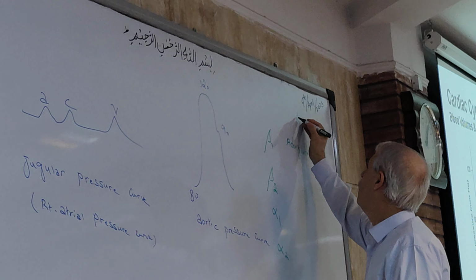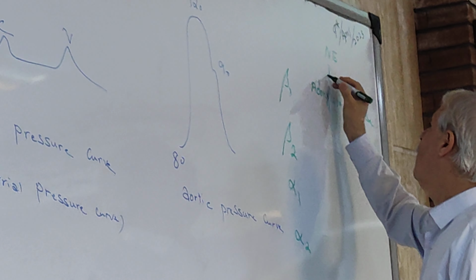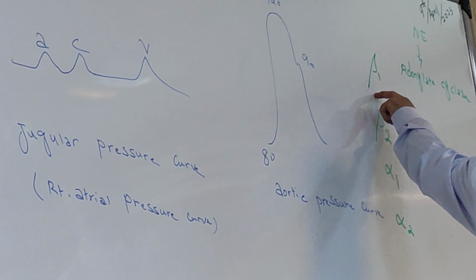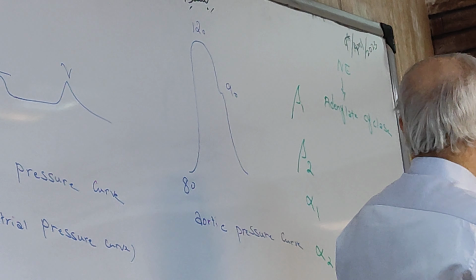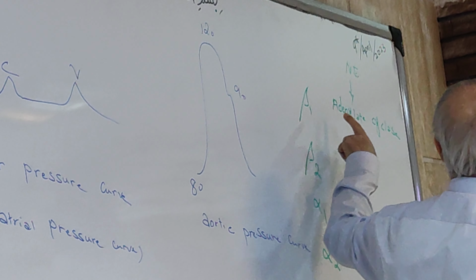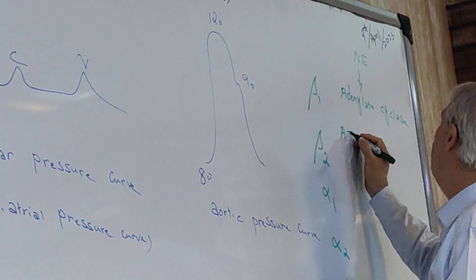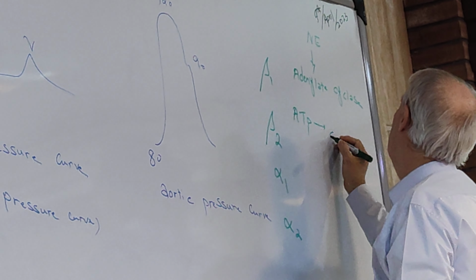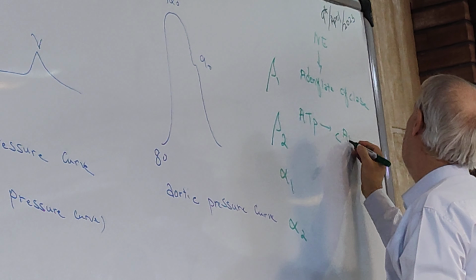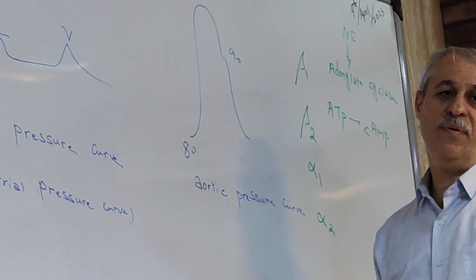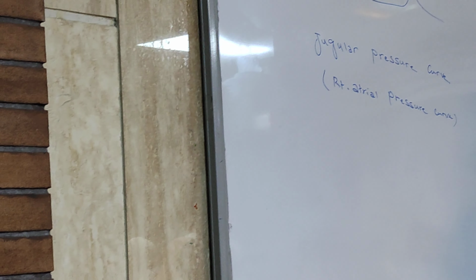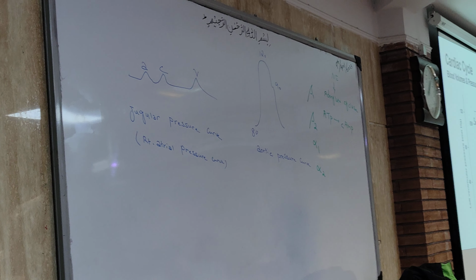Norepinephrine acts on beta-1 receptors. When it activates beta-1, adenylate cyclase converts ATP into cyclic adenosine monophosphate.